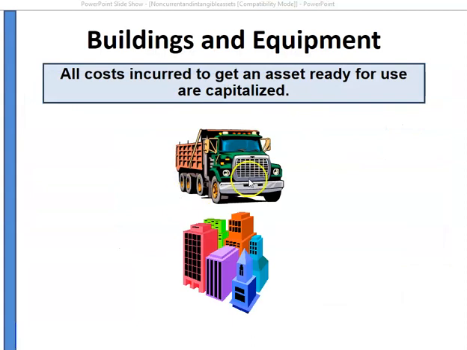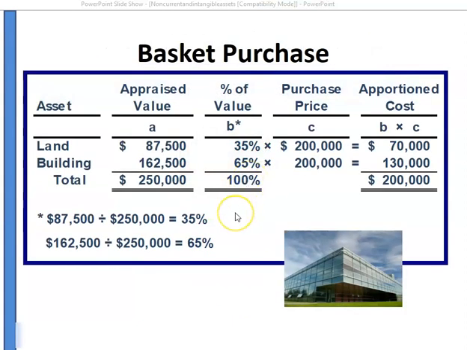I want to go back real quick to this basket purchase. Land and building is a pretty common example, but we'll see this oftentimes whenever a business is purchased. If we go in and we purchase a business, we have to establish the values for each of those items, and we won't always get a discount.